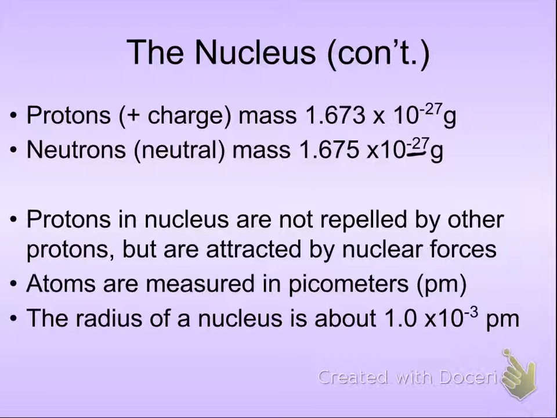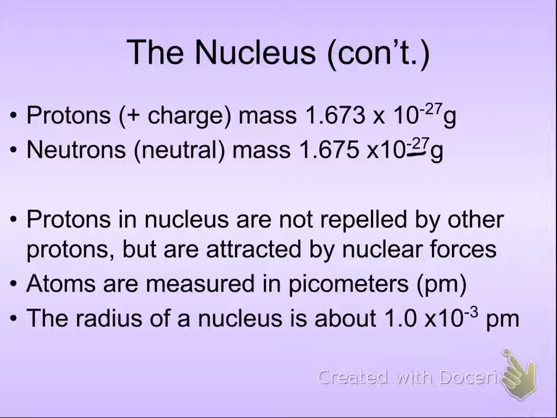Are they identical? No. Neutrons are slightly heavier, actually. Are they really close? Yeah. This is like the difference between 3,000,004 chocolate chips and 3,000,005 chocolate chips. Can you tell them apart? No. You can't.